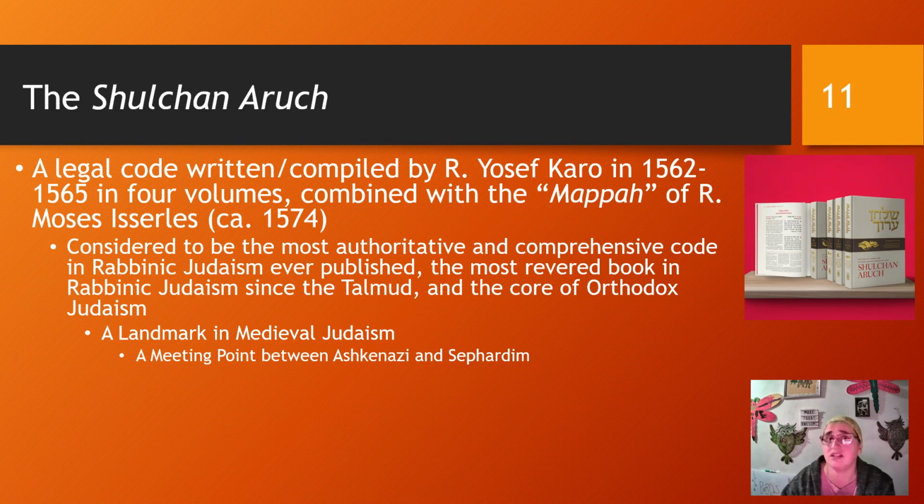And these things together make the Shulchan Aruch basically become the core of Orthodox Judaism. It becomes the central core of what we consider now to be Orthodoxy. And the Shulchan Aruch becomes the subject of rabbinic examinations within rabbinic Judaism. So it becomes an incredibly important text.